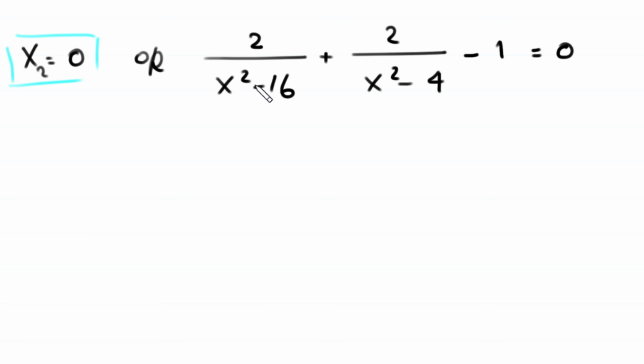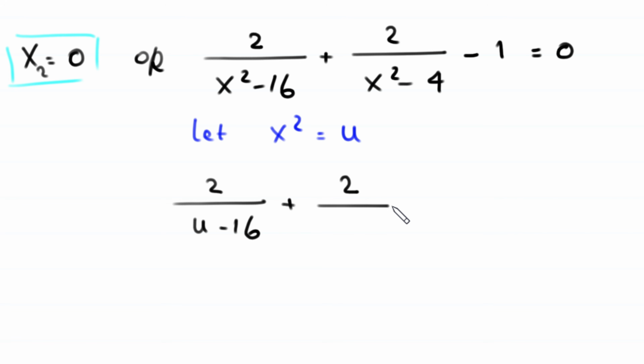To simplify the solution, let x squared equal u. So this will become 2 divided by u minus 16 plus 2 divided by u minus 4. Move this negative 1 to the right hand side, and it becomes positive 1. And take the LCM of these two denominators.